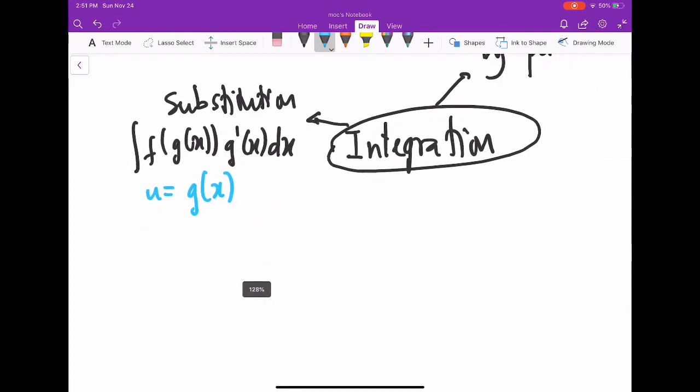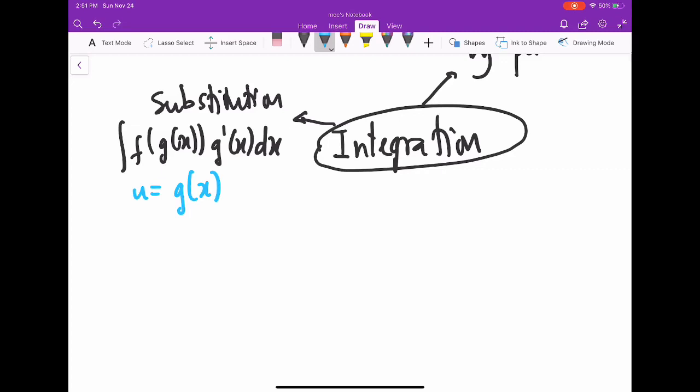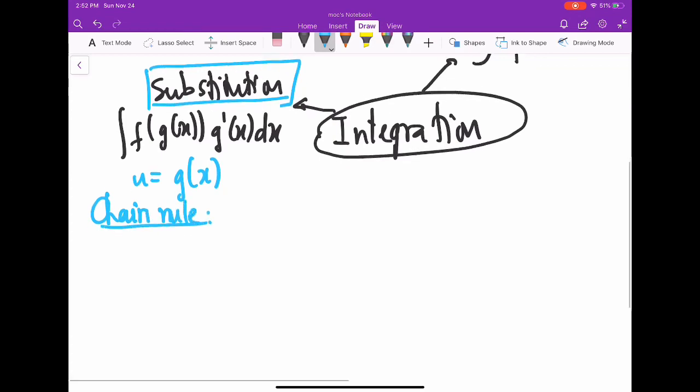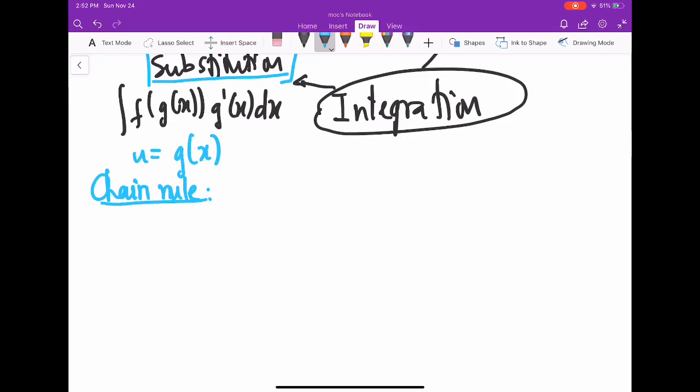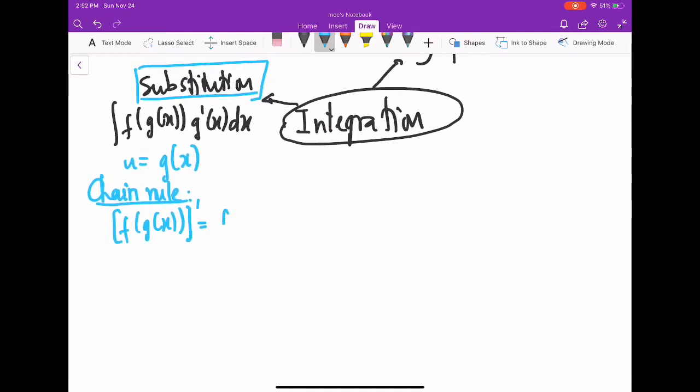You would recognize that substitution is some kind of inverse of the chain rule. Let me remind the chain rule here because we need it in the future. The chain rule says if you differentiate f of g of x, you have to differentiate the outside function, which is f prime evaluated at the inside, then multiply with the derivative of the inside. So that is the chain rule.